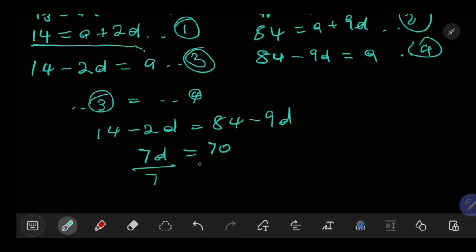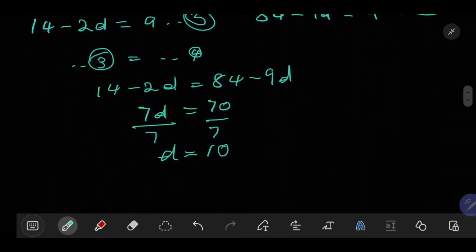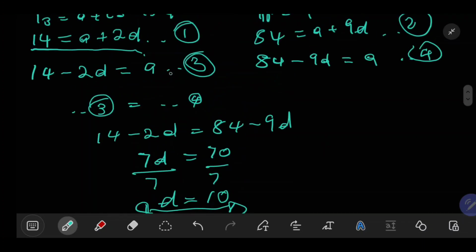So when dividing both sides by 7, our d value becomes 10. So our d value is 10, and the question was looking for our common difference, so we already know the common difference is 10.